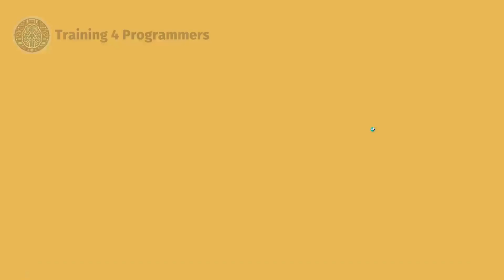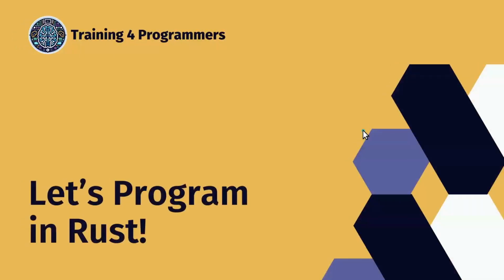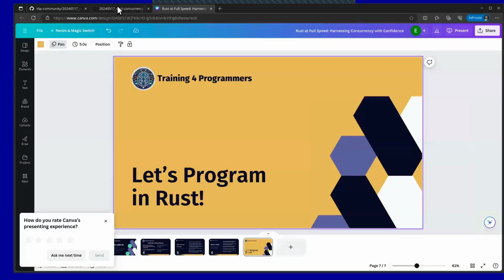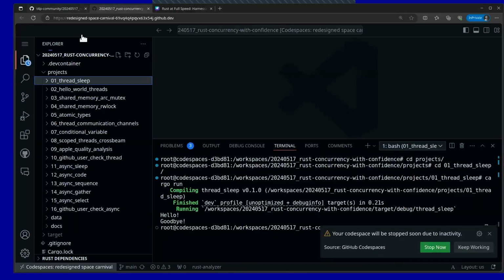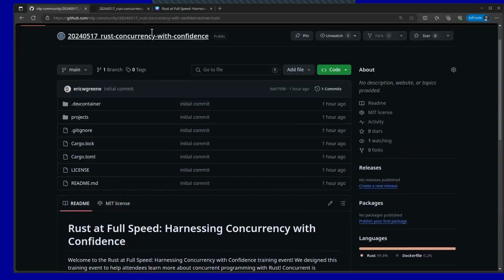Okay, so with that said, let's go ahead and start doing some programming in Rust. Now, the way this is going to work is I have a public GitHub site that I'm going to share with all of you. I'm going to drop that into the chat right there.